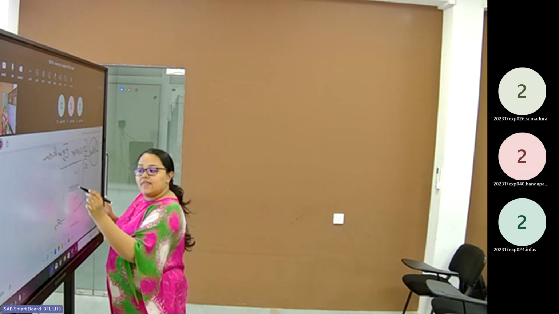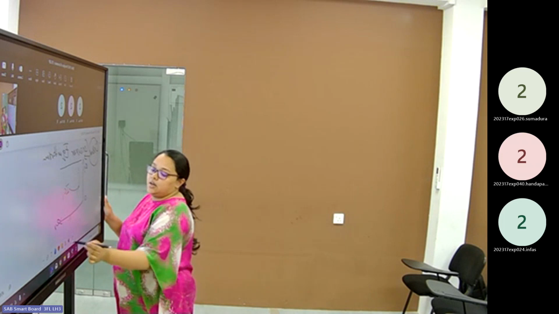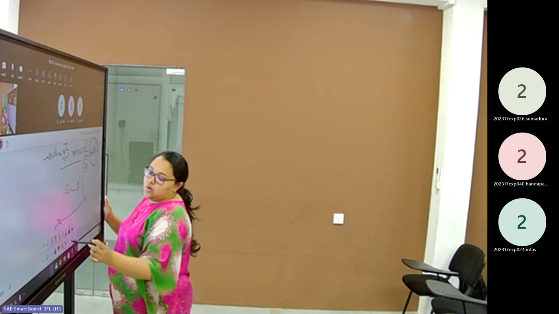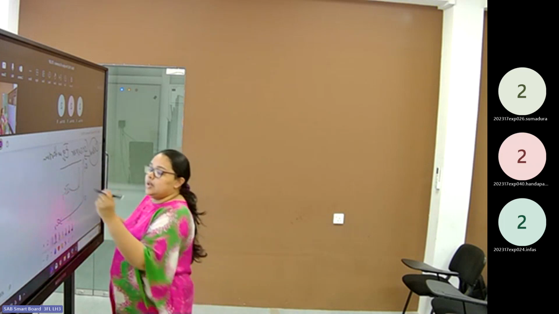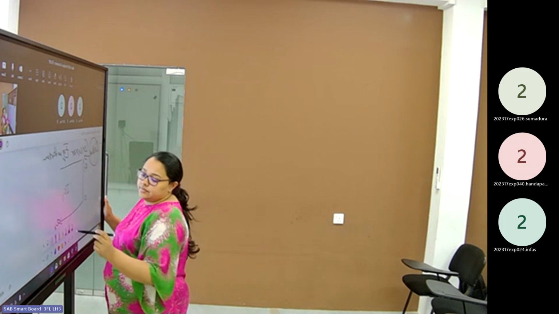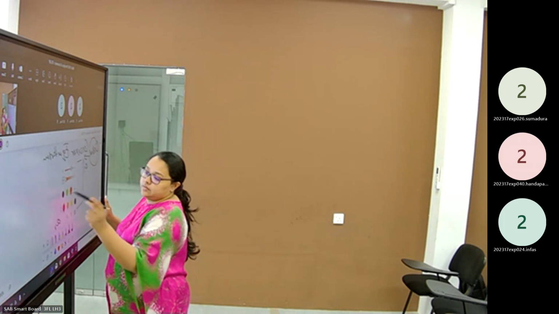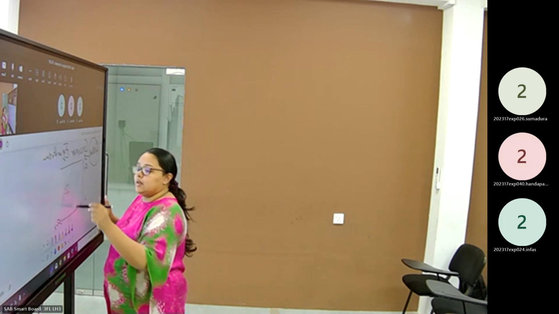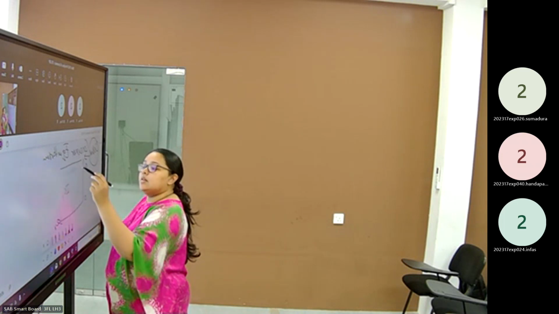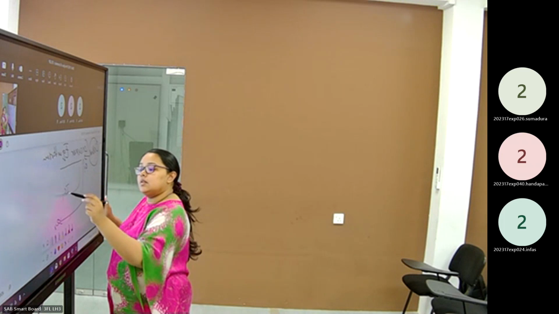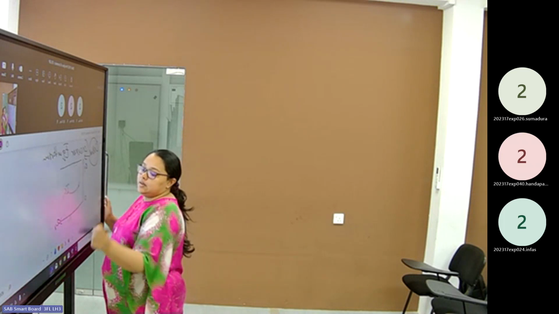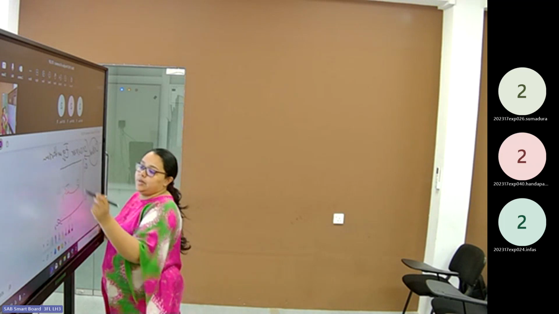The point where they become tangent to each other, I will also call it consumer equilibrium. BL1, IC1, equilibrium.